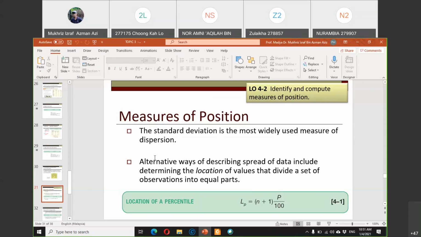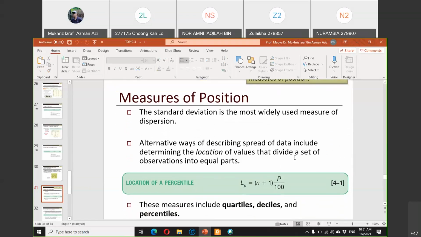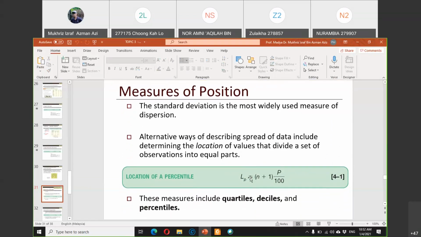Another way to describe the spread of your data, besides variance and standard deviation, is to use the percentile or the quantile. They can refer to the same thing. Here you are trying to locate where your data is, for example which value the 10% or the 25% of the data belongs to.